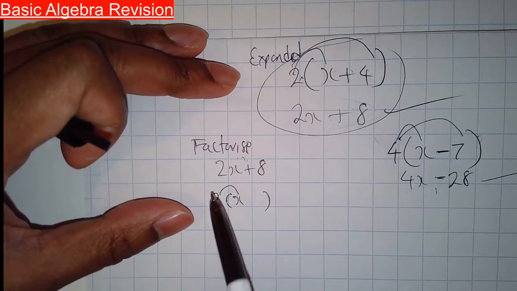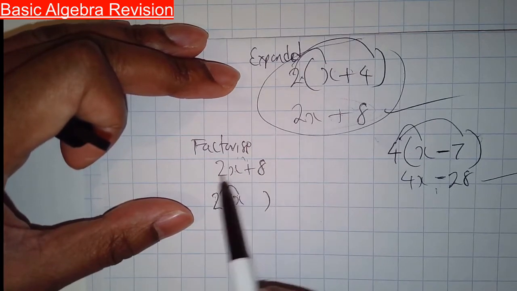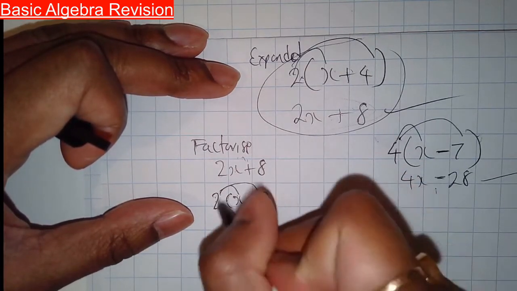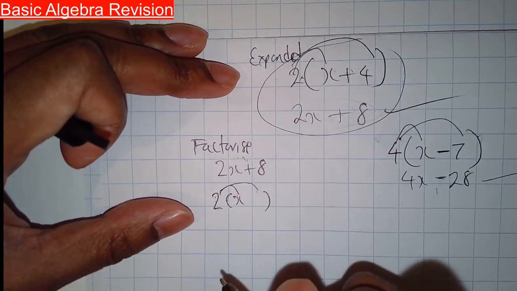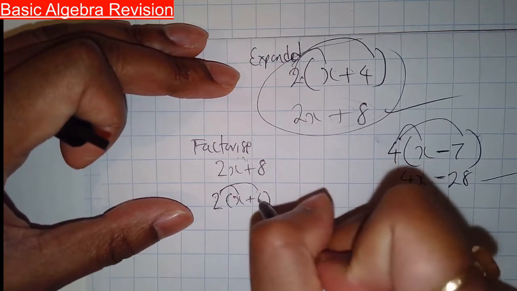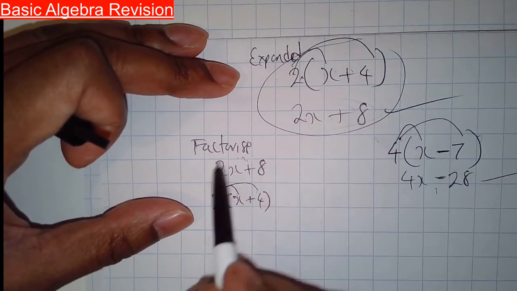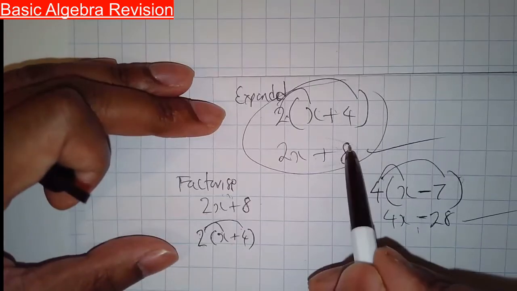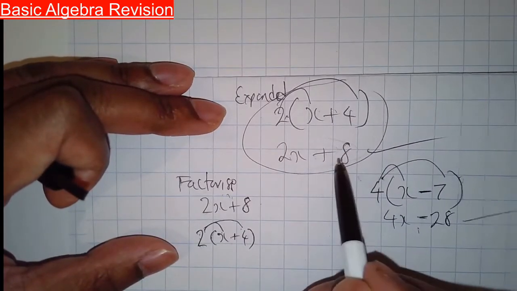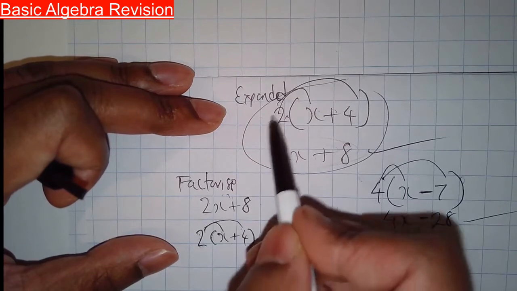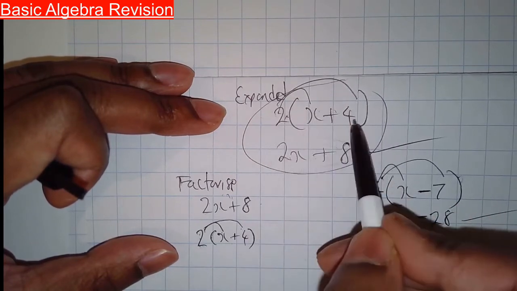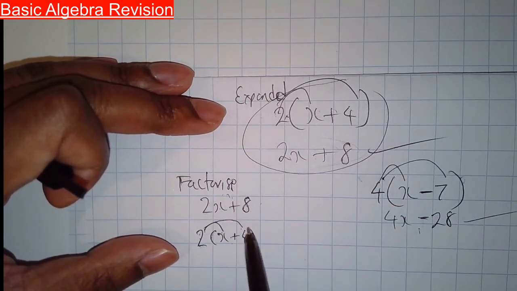It's x. Check. 2 times x is 2x. 2 times something to give me 8. It's 4. So when you factorize that, you get this. When you factorize this, you go back to what you had originally.